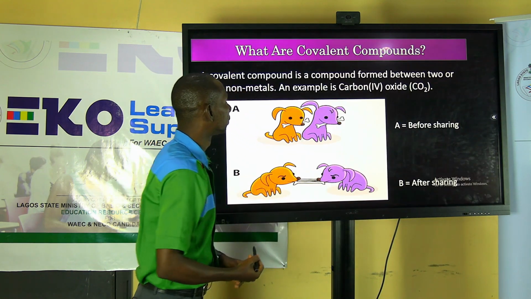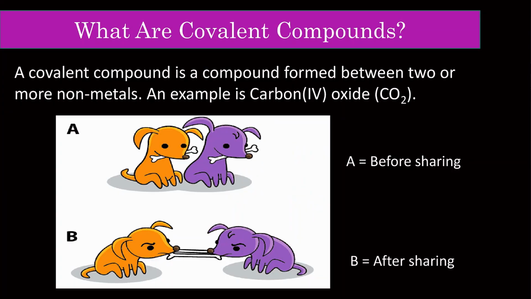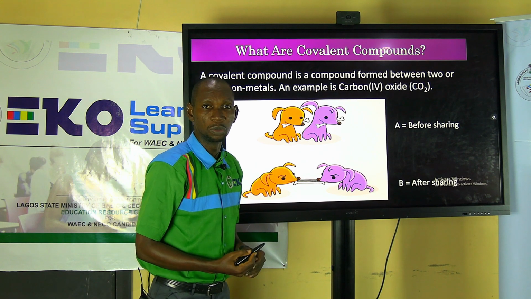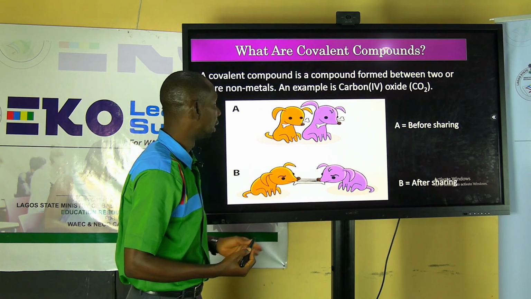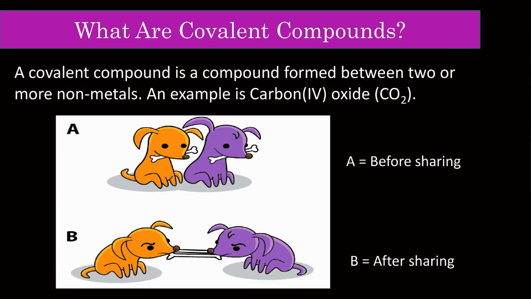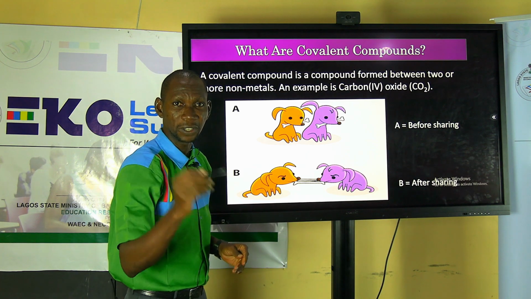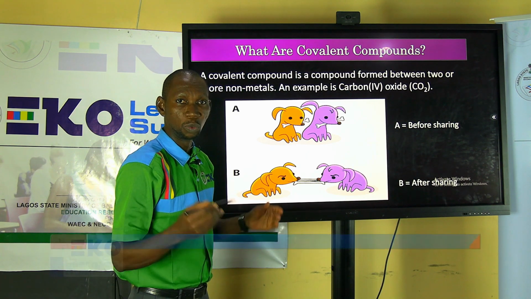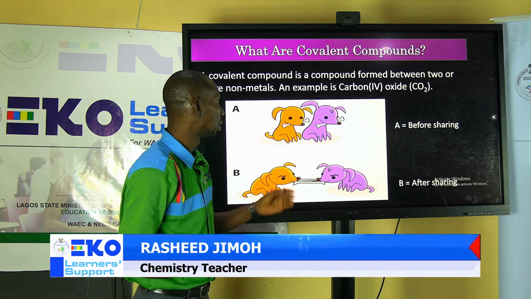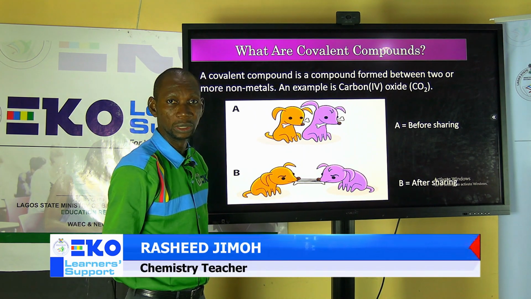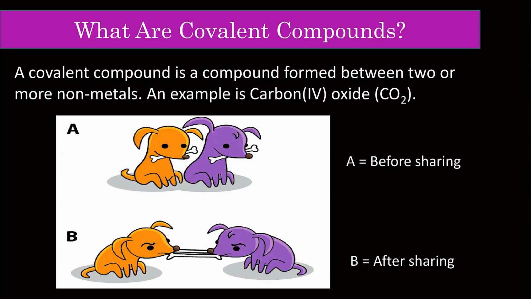Now, what are covalent compounds? Because part of what we will be doing today is naming covalent compounds. A covalent compound, of course, is a compound that is formed between two or more non-metals. The emphasis is on non-metals. When non-metals come together, the type of bonding they form is covalent bond. An example is carbon(IV) oxide. You can see the two dogs here.